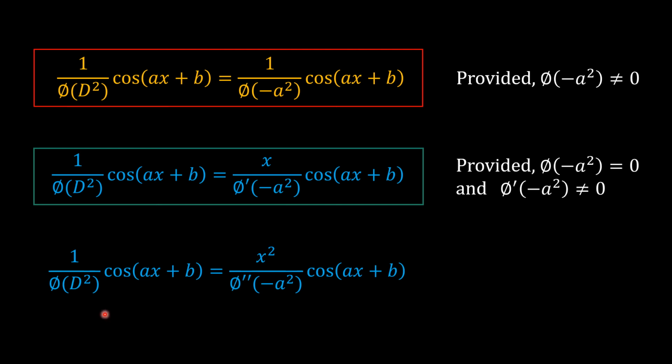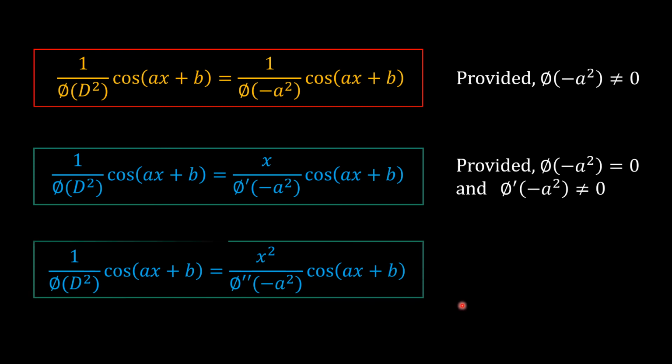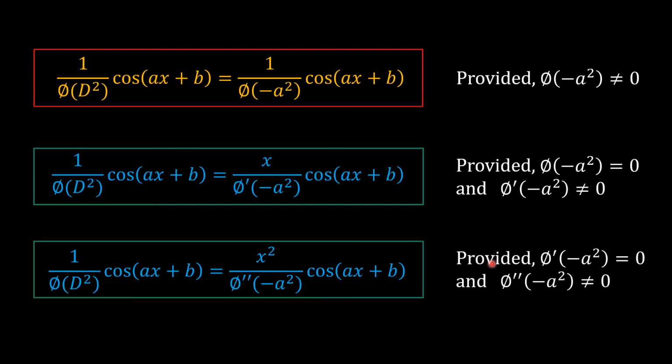1 upon phi of d square cos of ax plus b equal to x square divided by phi double dash of minus a square cos of ax plus b. Again, as this is in the denominator, it must be non-zero. So provided that, what is the condition?